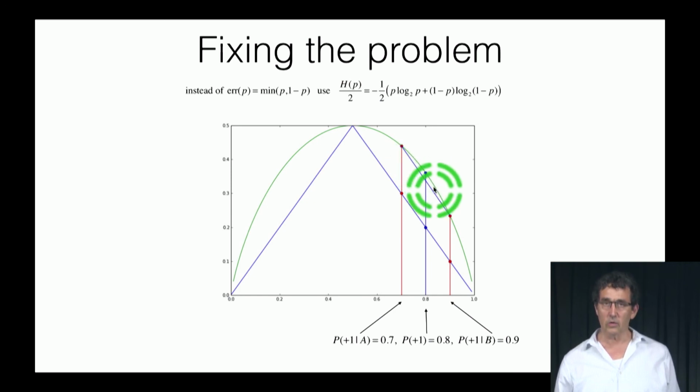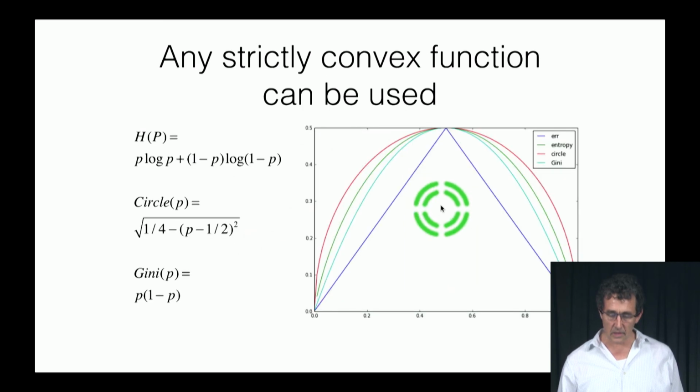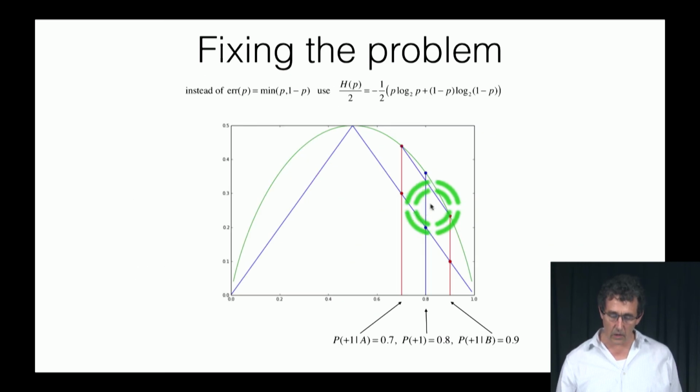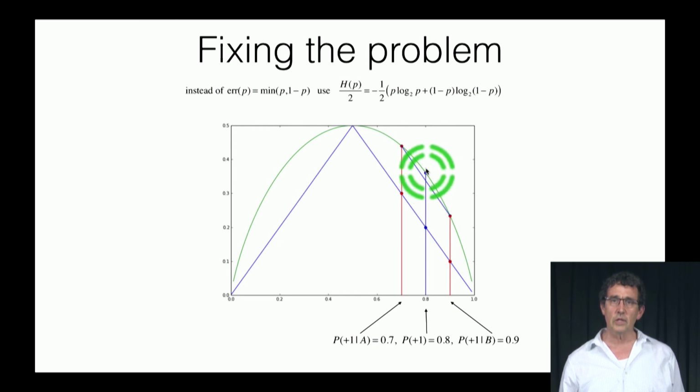What that gives us is that even if we're splitting and the children are on the same side, we still can measure improvement according to this measure. So this measure does not get stuck in the same way as the training error.